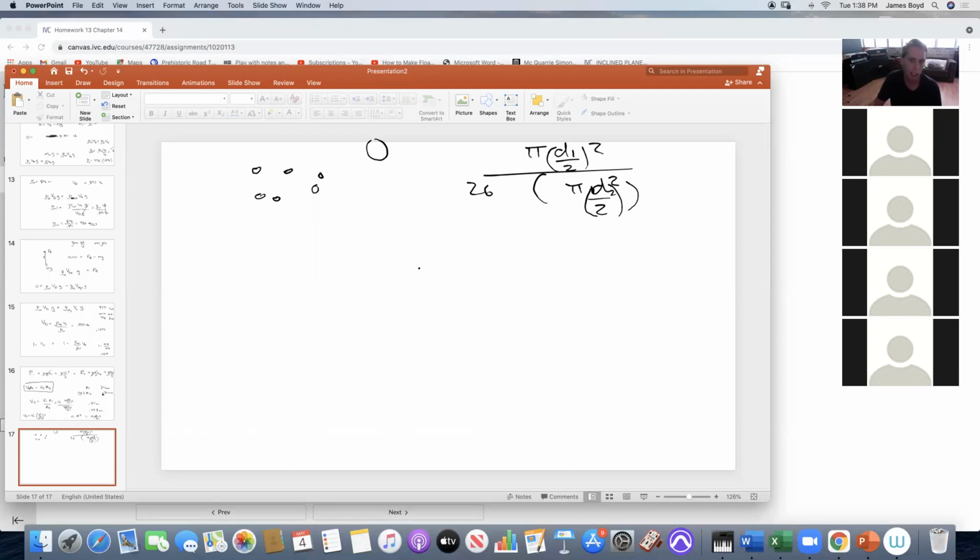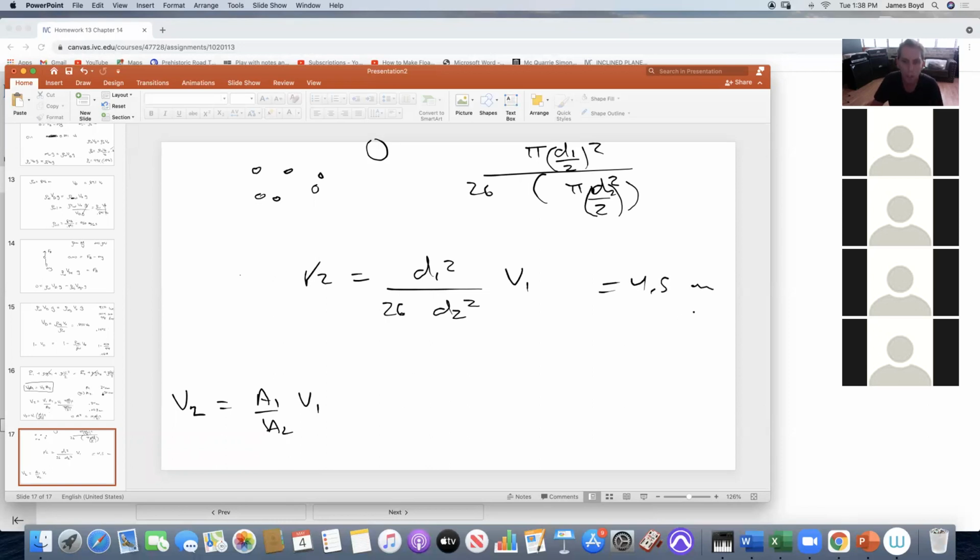If you cancel stuff, it ends up being d1 squared over 26 times d2 squared. And V2 is A1 over A2 times V1, and you'll end up with like 4.5-ish meters per second.